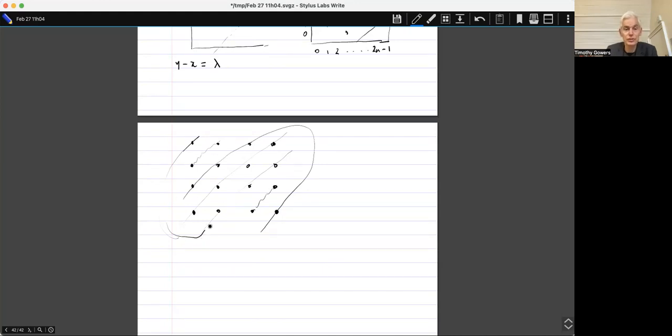So let's decide. I think I can, without much loss of generality, assume I've got this point. How many points is that going to rule out? It's going to rule out all those 3, all those 3, and all those 3. That's actually quite a lot of points that's ruled out.